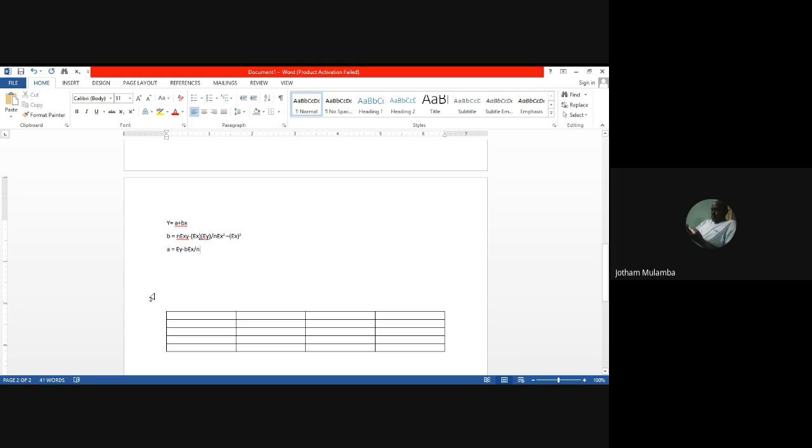For us to be able to compute that, where we have been given a period, the period will always be on the x-axis. Then the number of clients or patients will be on the y-axis.